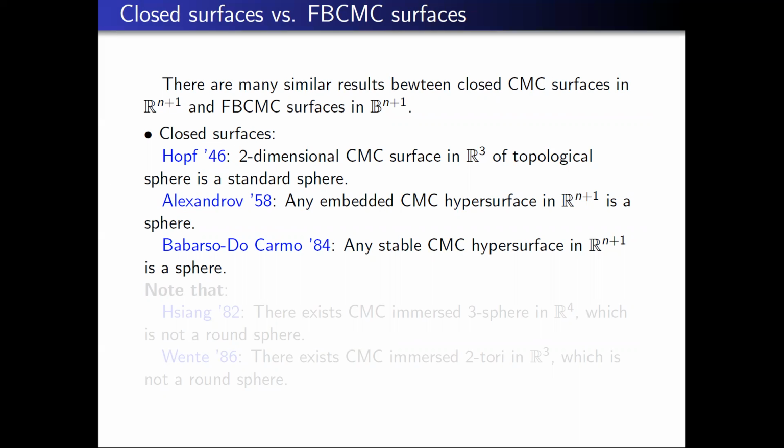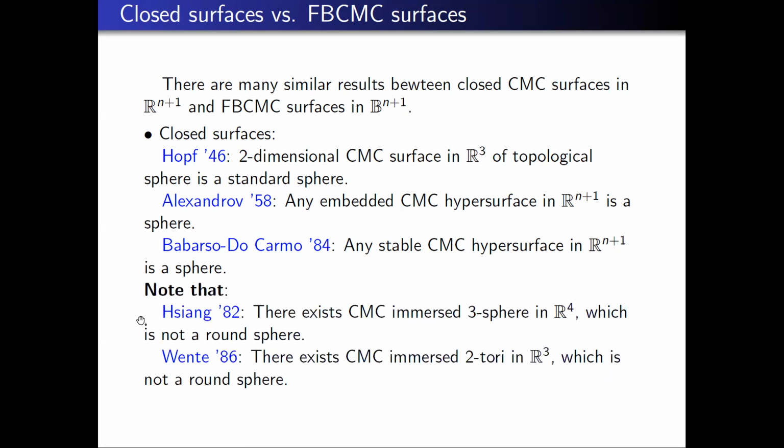And Barbosa and do Carmo prove that any stable CMC hypersurface in Euclidean space must be a round sphere. And we note that Hsiang proves that there exist CMC immersed hypersurfaces in R4 which are not round spheres. And Wente proves that there exists a CMC immersed surface in R3 which is not a round sphere. So the topological, embedded, and stable conditions cannot be removed.